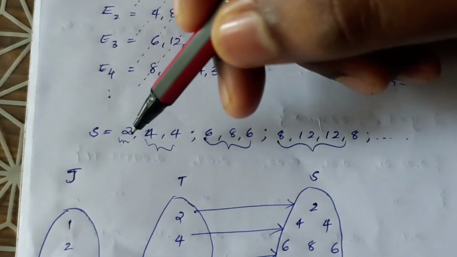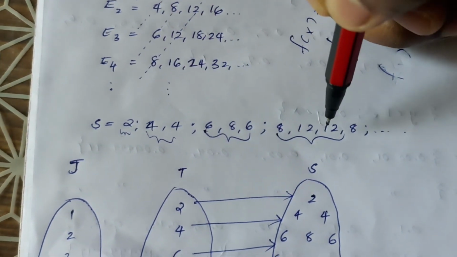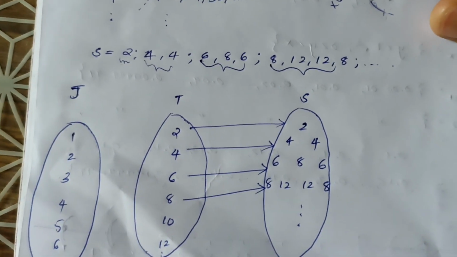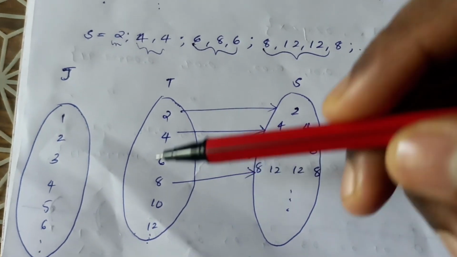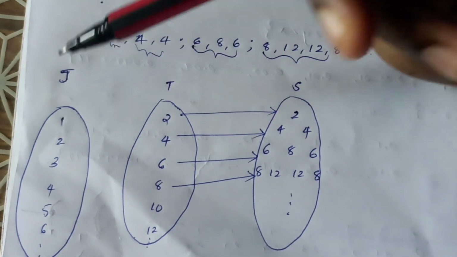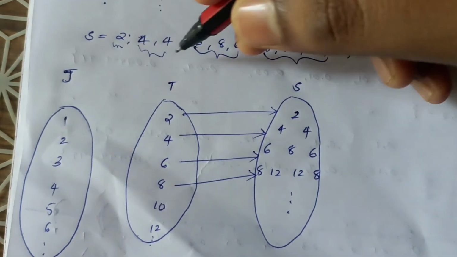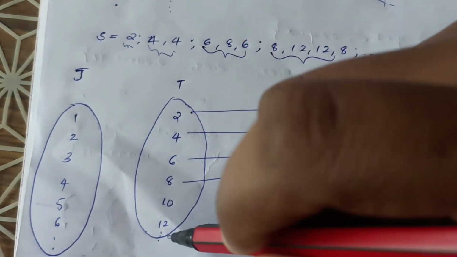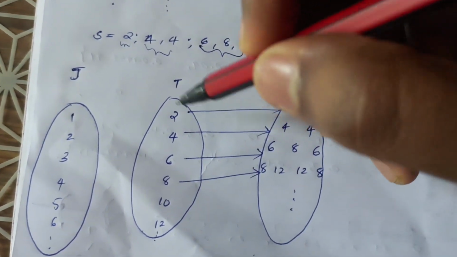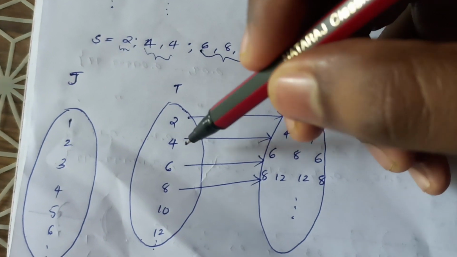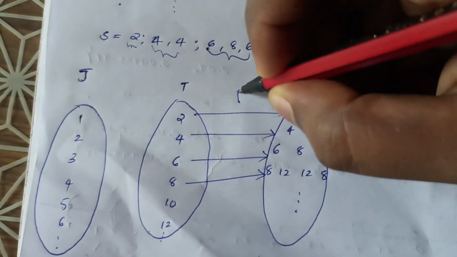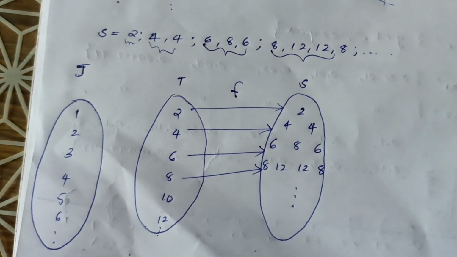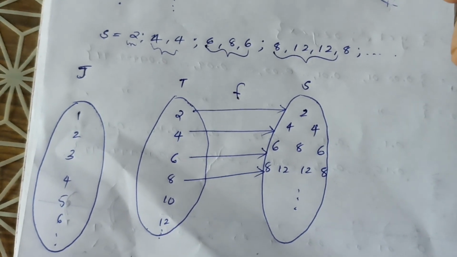When we can count like 1, 2, 3, 4, then it is countable, right? But we can find a 1-1 correspondence with a subset of J. Here we can write T: 2, 4, 6, 8, 10, 12. The multiples of 2 are a subset of J, right? This has a 1-1 correspondence with our set S. We can do it as an exercise.